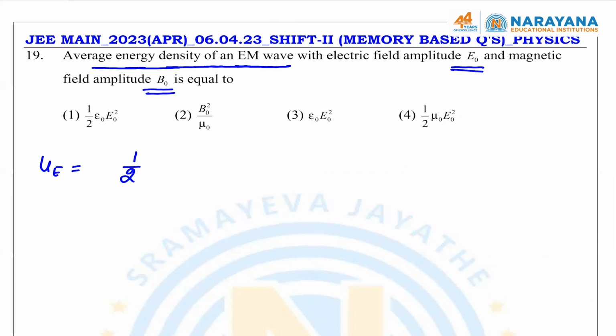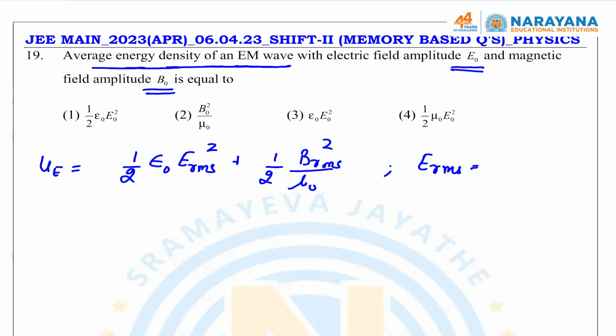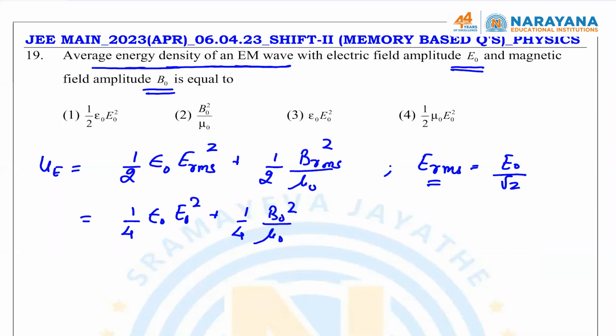For your general knowledge, I am writing down various formulas involved. One is half epsilon naught E RMS square plus half B RMS squared by mu naught. We know that E RMS is E naught by root 2. In AC circuits, we do this. RMS value is peak value by root 2. So this formula will then become 1 by 4 epsilon naught E naught square plus 1 by 4 B naught square by mu naught.